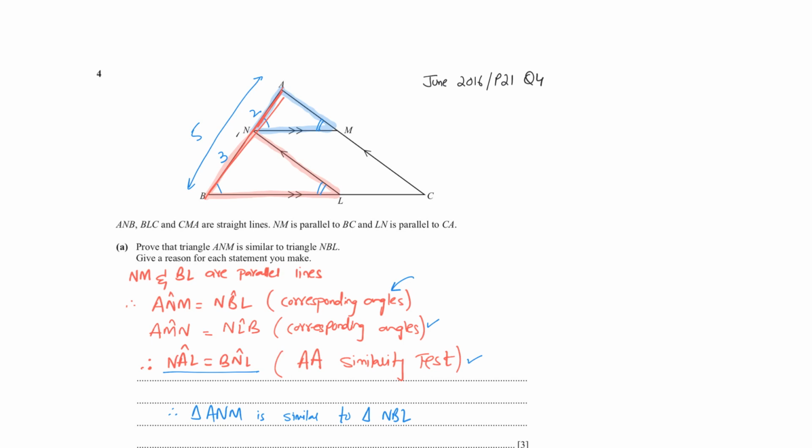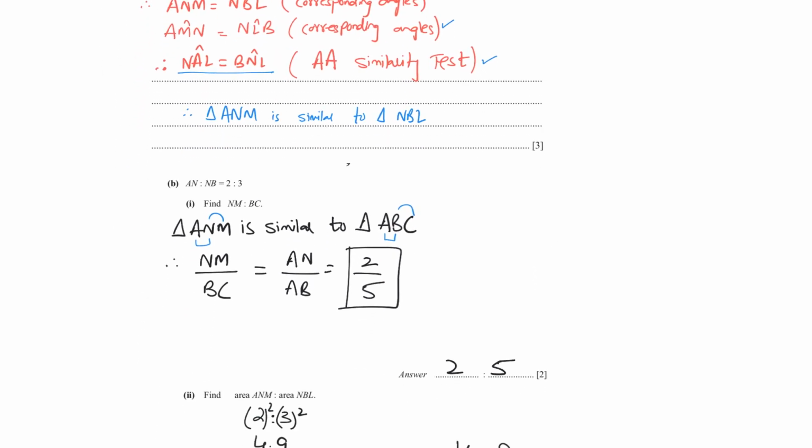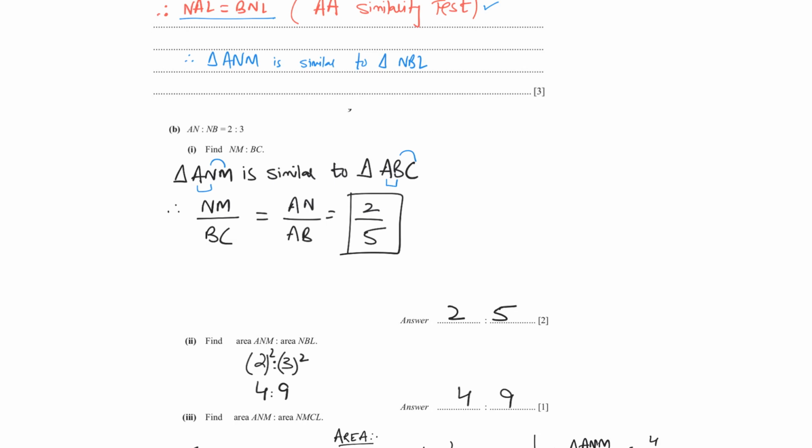Therefore this triangle has a length of 2 and this triangle has a length of 3. Therefore the ratio of the areas of the two triangles would be 2 over 3 the whole thing squared, which is 2 squared is to 3 squared. Since the ratio of the corresponding lengths was 2 to 3, the area would be squared. So 2 squared, 4, is to 9.